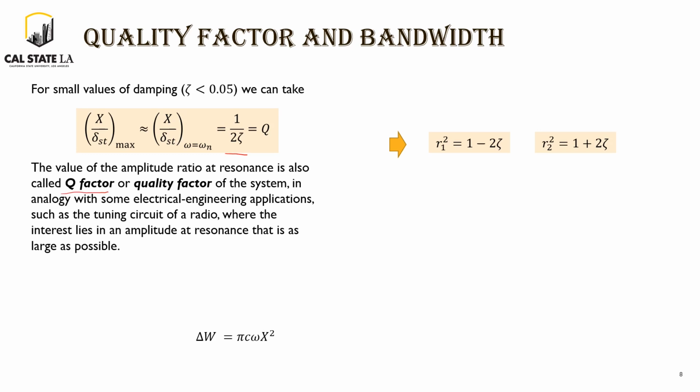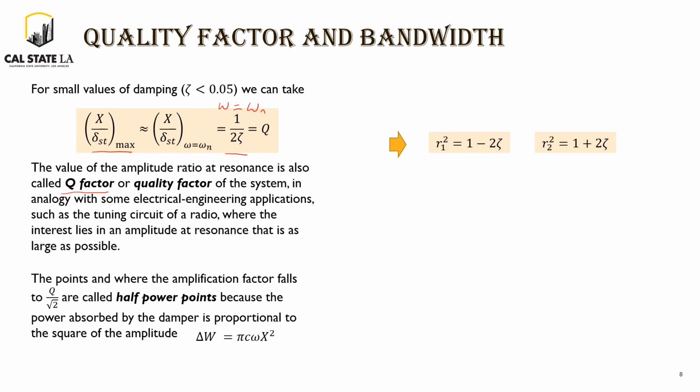In analogy with some electrical engineering applications, such as the tuning circuit of a radio, the interest lies in an amplitude at resonance that is as large as possible. This Q factor defines basically how much the system will amplify the vibration.